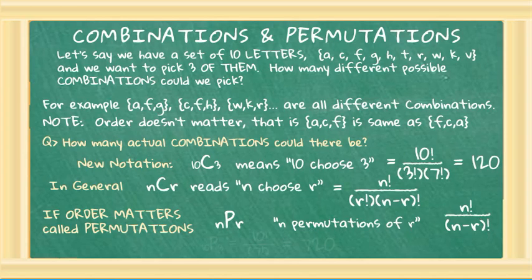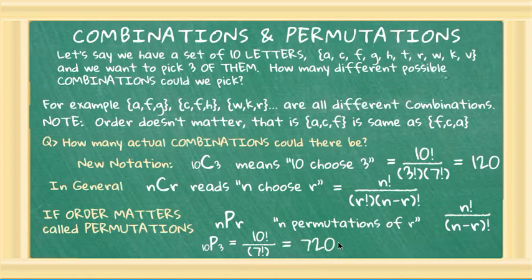Back to this example: if we're picking groups of 3 out of 10 letters to pick from, we would do N capital P 3, 10 P 3, so 10 pick 3 or 10 permutations of size 3. Based on our formula, it's 10 factorial over 7 factorial. When we calculate that in our calculator, we get 720.